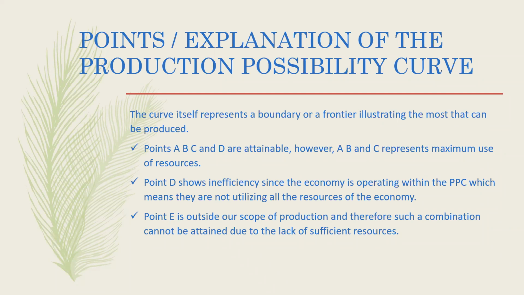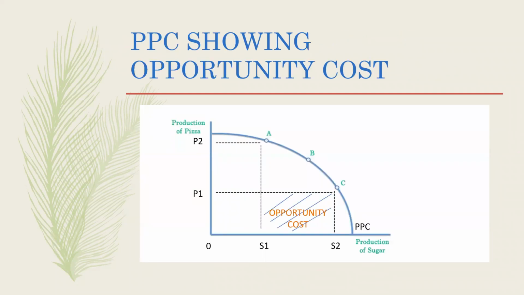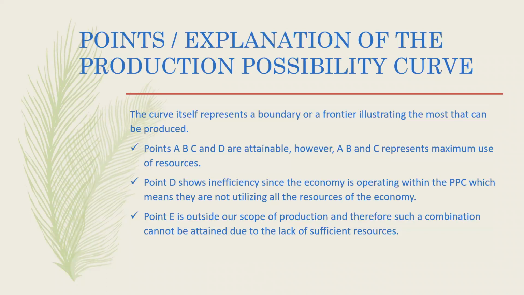Point D, you know where point D was, right? Point D is inside the PPC. Point D shows inefficiency since the economy is operating within the PPC, which means that they are not utilizing all the resources of the economy. So what's happening here is that there are idle resources.